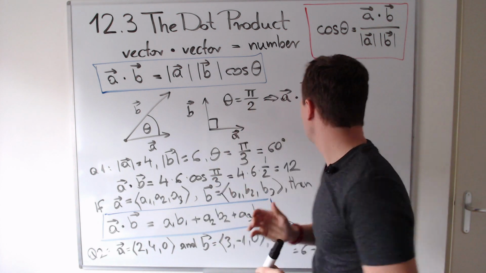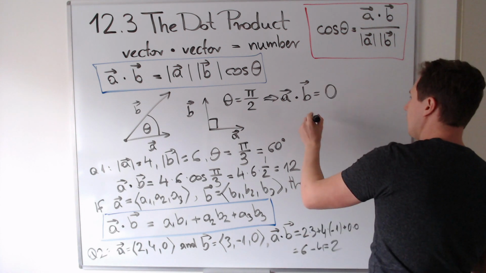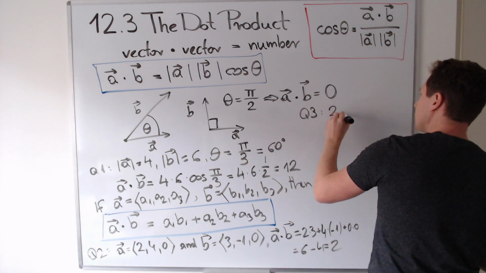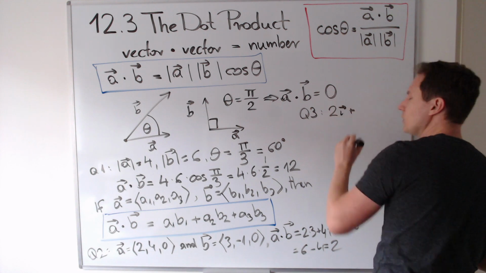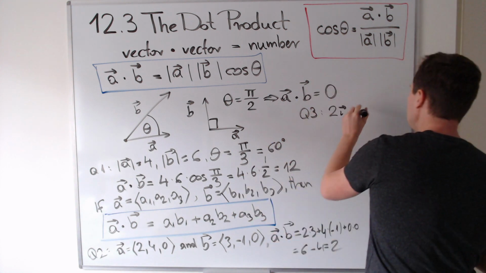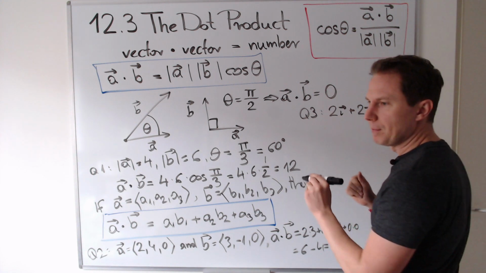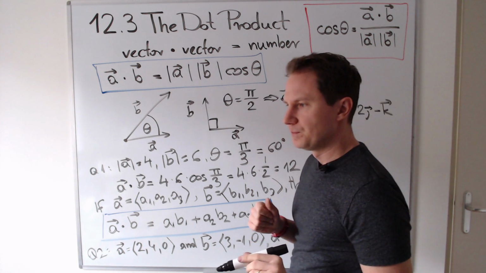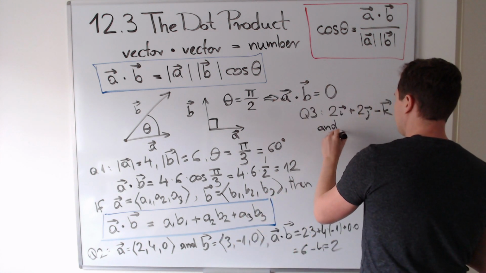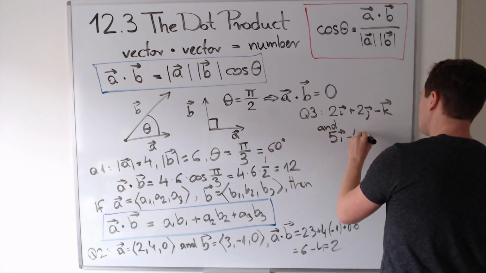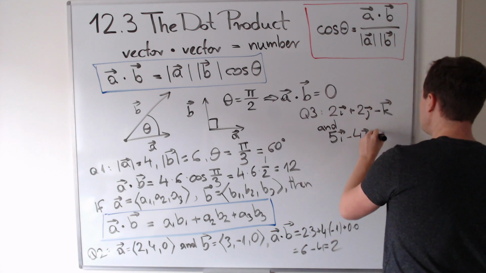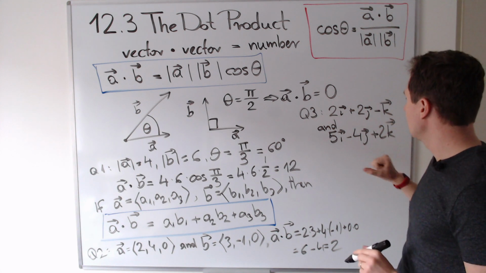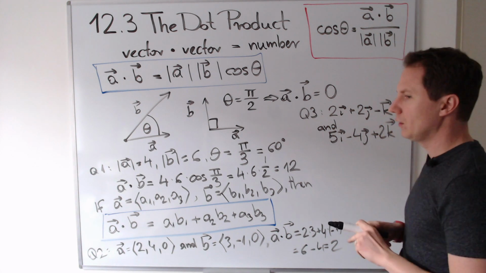Now for the third question, I would like you to explain why the vectors, given in terms of the basis vectors, 2i + 2j - k and 5i - 4j + 2k, are perpendicular to each other.